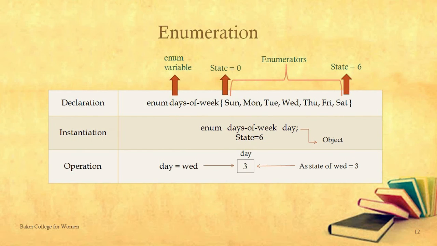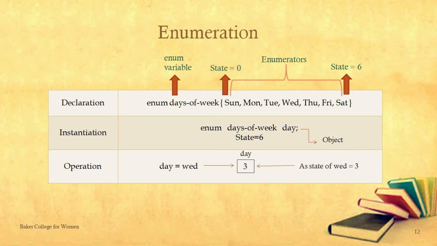Enumeration. Enum is mainly used to assign names to integral constants. The names make a program easy to read and maintain. It allows us to create our own symbolic names for a list of related data.